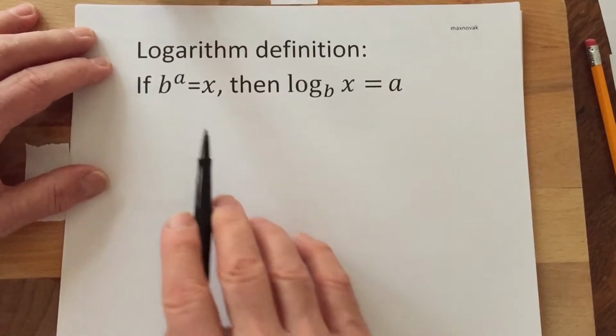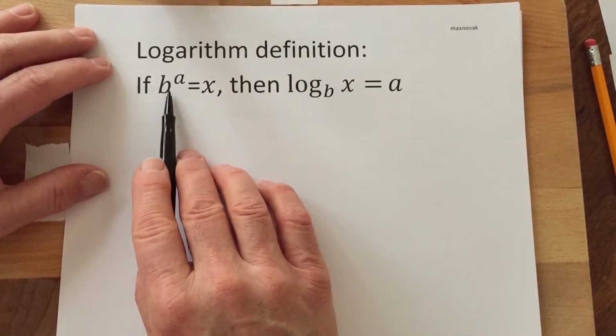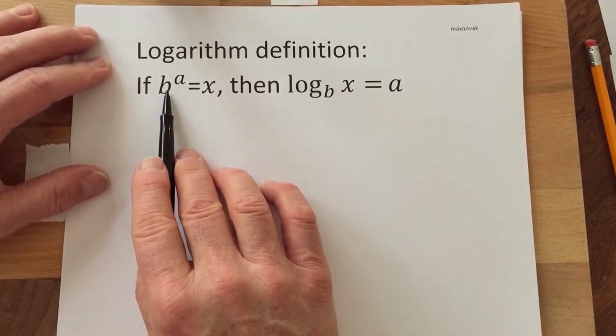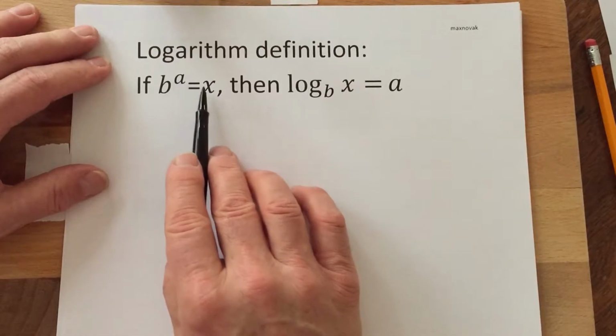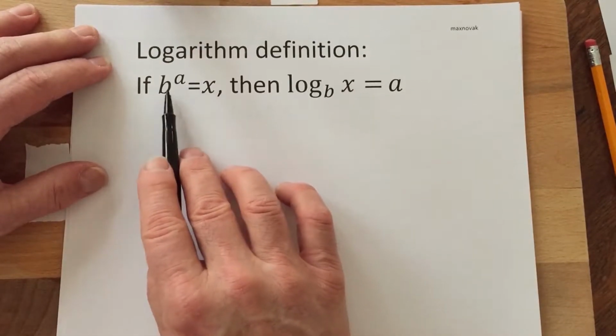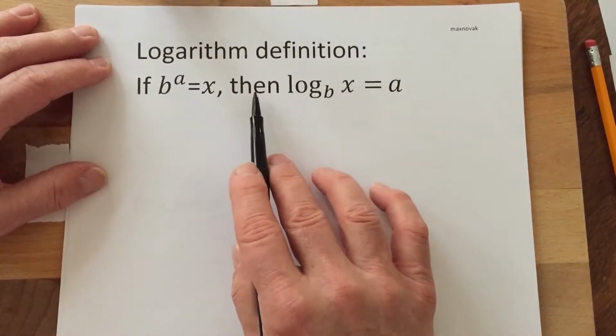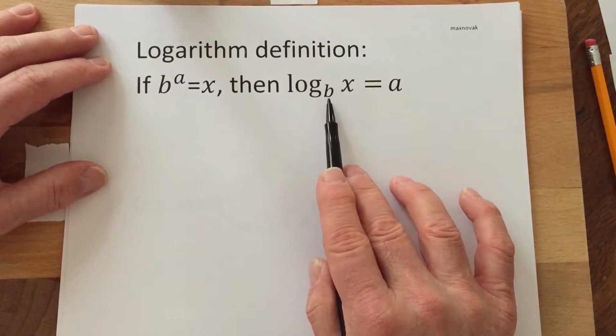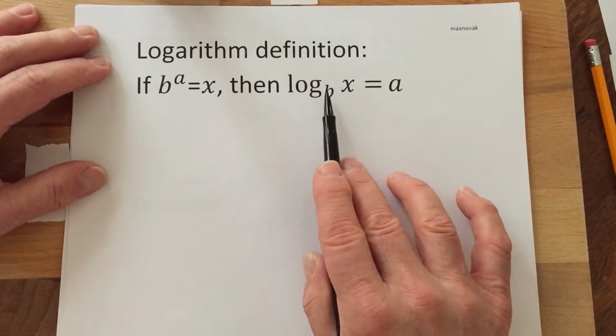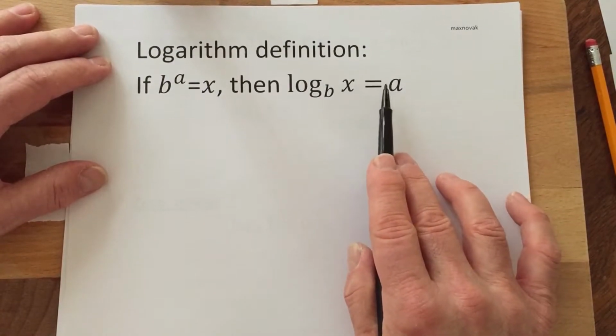The definition of a logarithm is: if b to the a, if some number to some power equals x, if we raise this number to this power to get x, then the log of that base number, log b of x, equals a.